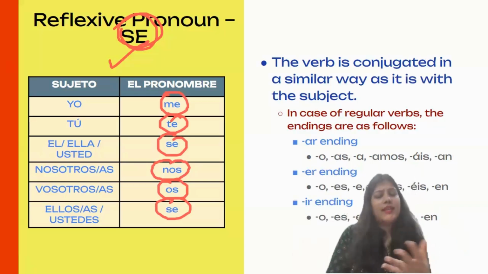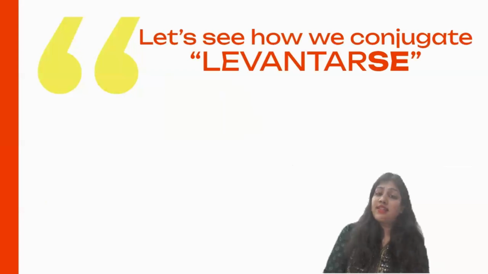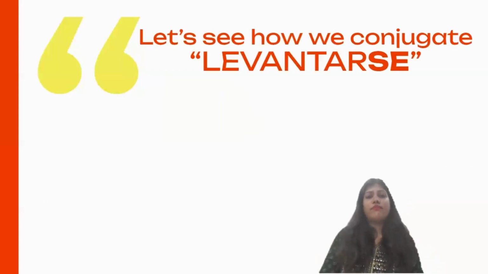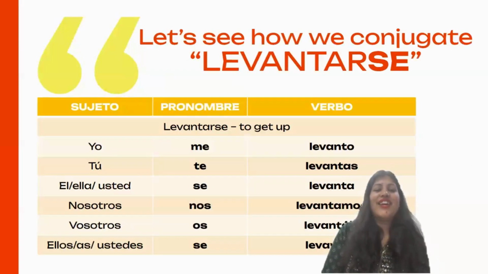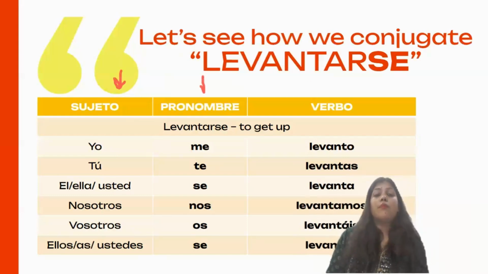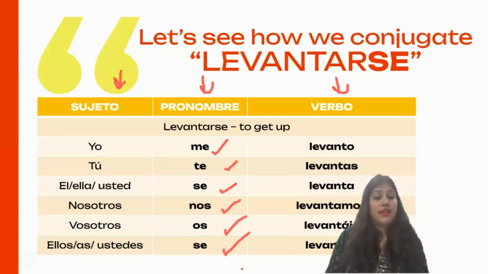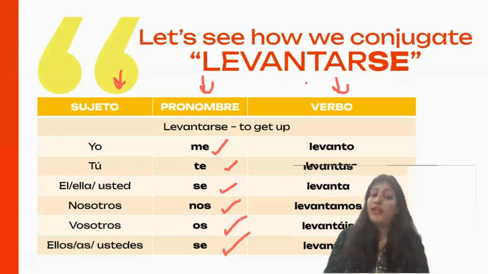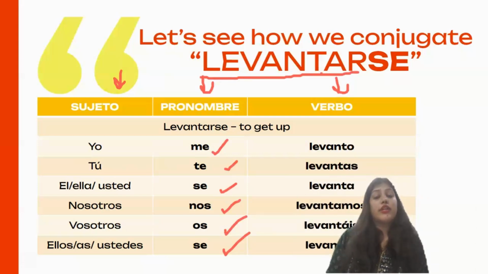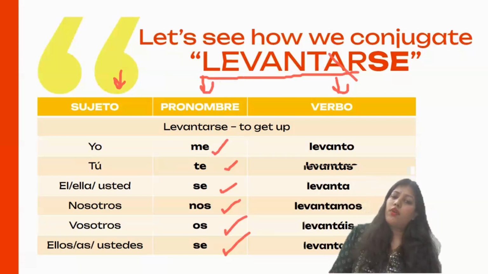Let's put them together and see the conjugation of the verb levantarse. So levantarse is to get up in the morning. Okay. So see, what have I done? I wrote it in 3 parts. Sujeto, pronombre y verbo. Subject here, pronombre me, te, se, nos, os, se. The verb levantar, I conjugated it according to the regular AR form.